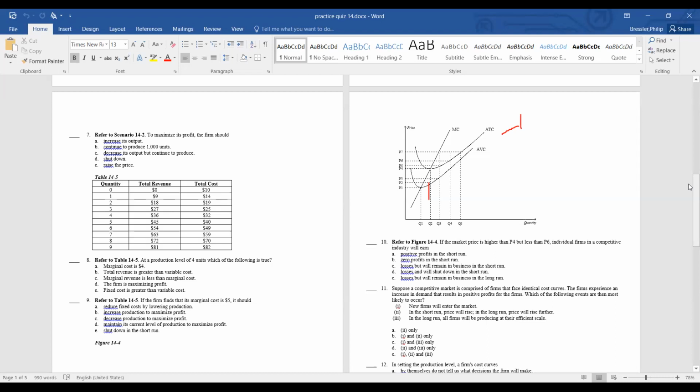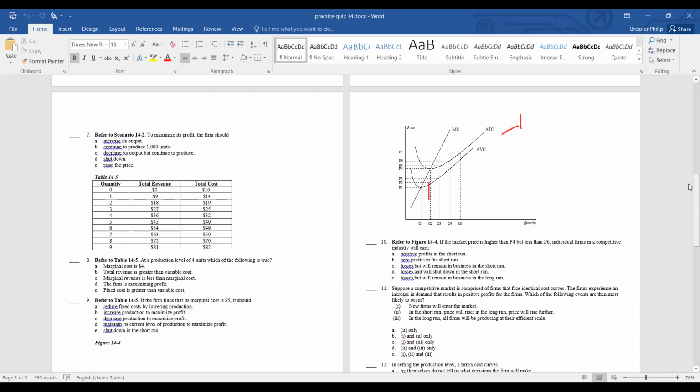Okay, now, if your marginal revenue is 9 and it's costing you 5, would you want to produce more units? You're bringing in 9, it's costing you 5. The answer should be yes, you do.